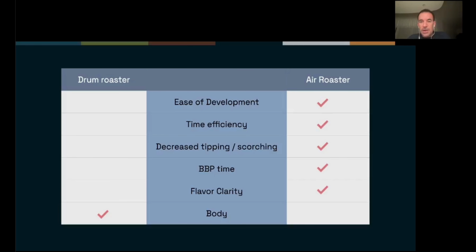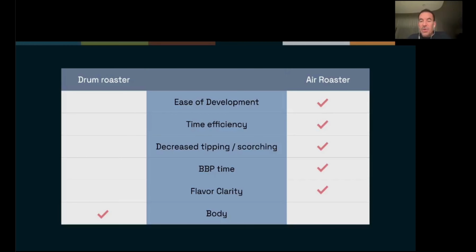So someone asked whether you can achieve full-bodied balanced coffee with an air roaster. The answer is it depends on your definition. If you want more body in any roaster, you need more development. And you might find that at a very light roast in an air roaster, the body of the coffee is inadequate, depending on your preferences.